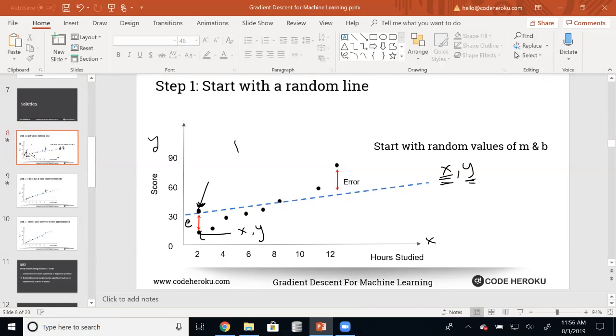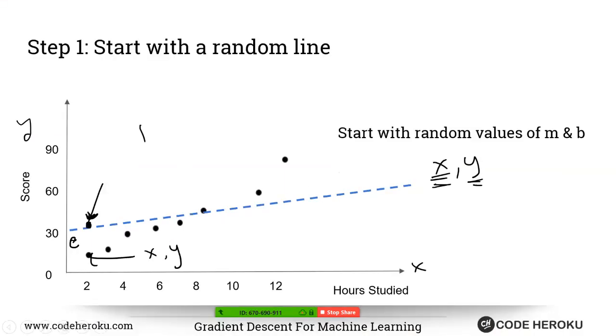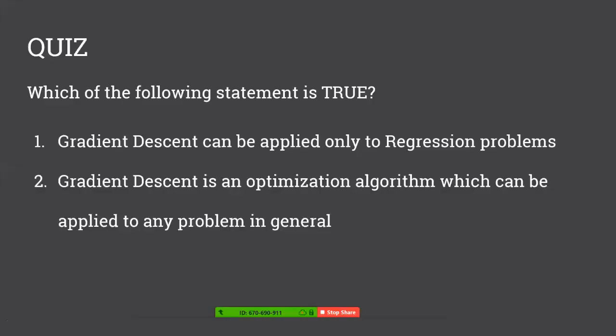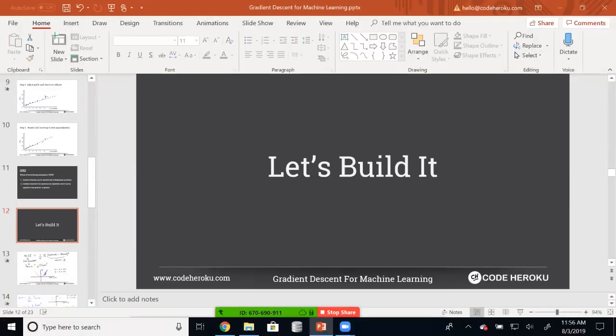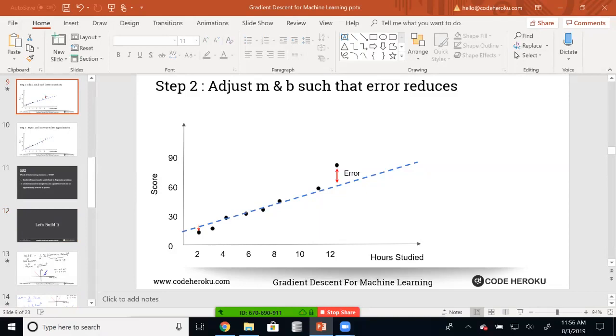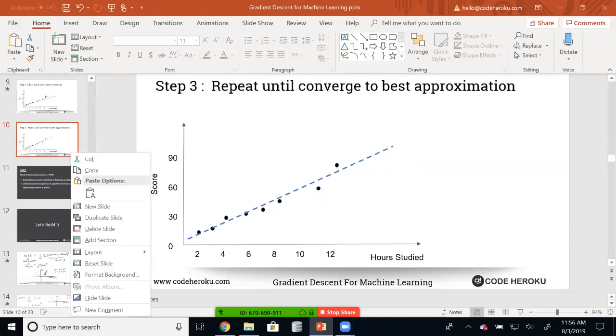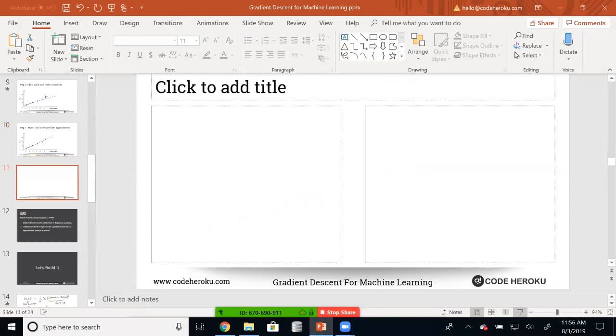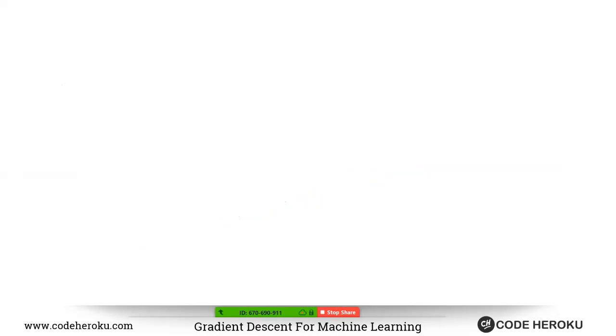Let me frame it this way. If I was not clear, let me just make sure I go full screen over here. What I'm telling you to do is, I have this point over here with x comma y.